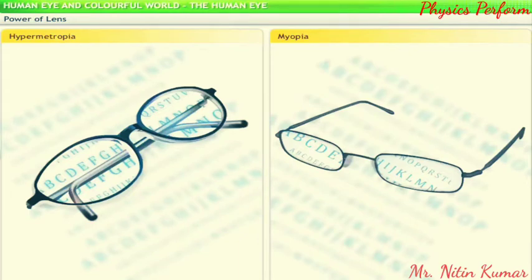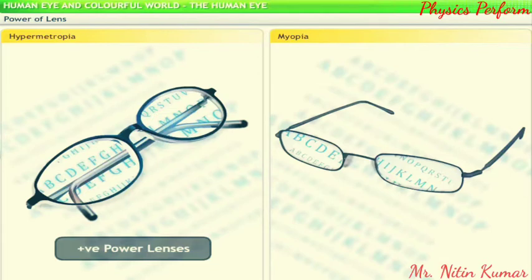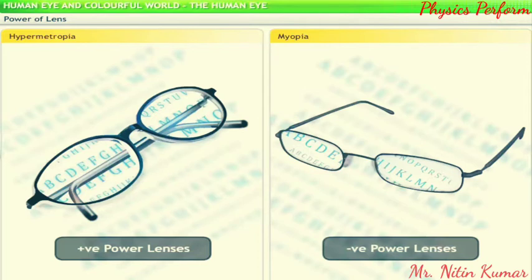Therefore, individuals suffering from hypermetropia use spectacles with positive power lenses. Similarly, those suffering from myopia use negative power lenses to correct their vision.